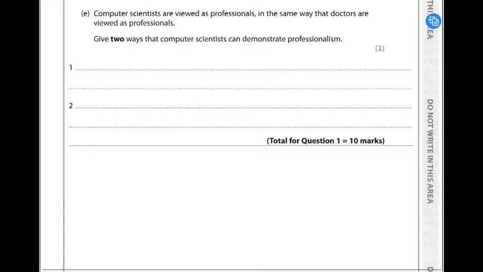One could be have membership in a professional society. That's 1 mark. Another one you could have would be attend computer science related conferences. That's 2 marks. Or we can go simpler, such as behave in ethical ways, or stay up to date with the changes in the field.